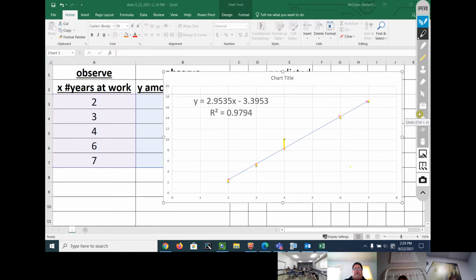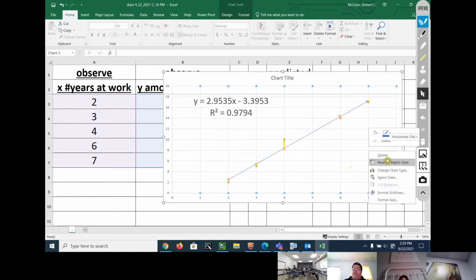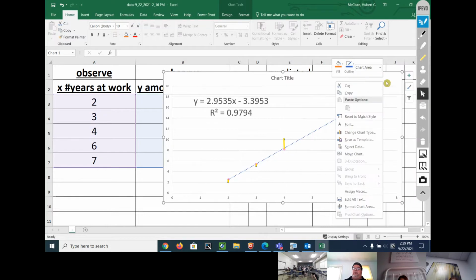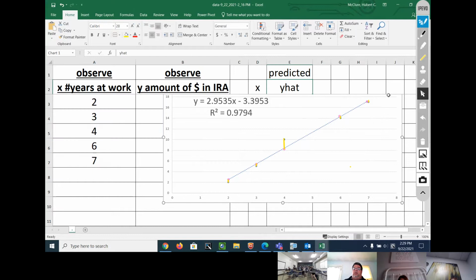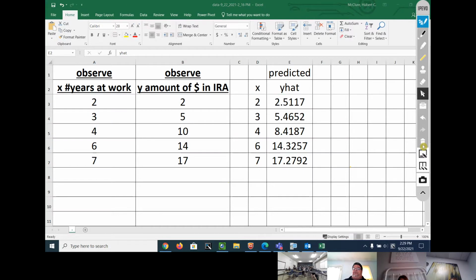So anyway, the residual is between. Let me get out of this and get rid of the graph. Somebody tell me, what is the definition of residual? Left over. Between what? I'm actually wanting you to use the words that are on the spreadsheet here.